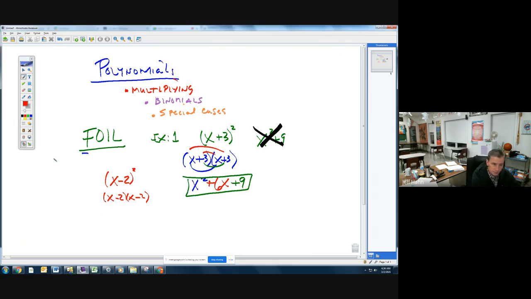And if you do that FOIL-wise, again, I'm going to start doing these a little faster. If you don't catch on, you might want to just review it and keep going over it again. The first terms give you x squared. The middle term, when you do the outside, which is negative 2x, and the inside, which is negative 2x, you get a negative 4x. And your last term, when you multiply the negative 2's together, you get plus 4.